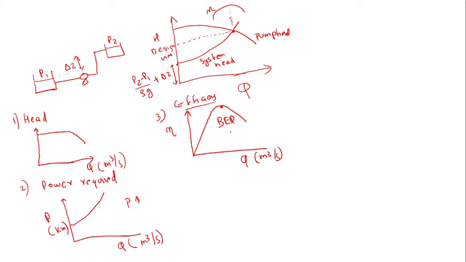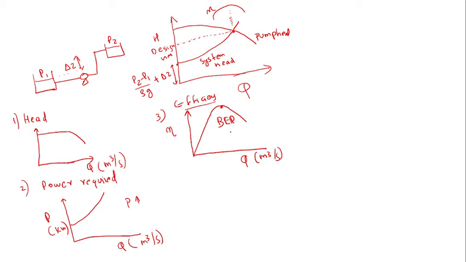So if we keep the impeller diameter constant, there are two cases. One is for a specific pump with constant impeller diameter. For that case, if Q2 is the flow rate of condition 2 and Q1 is the flow rate of condition 1, then it will vary as N2 by N1.